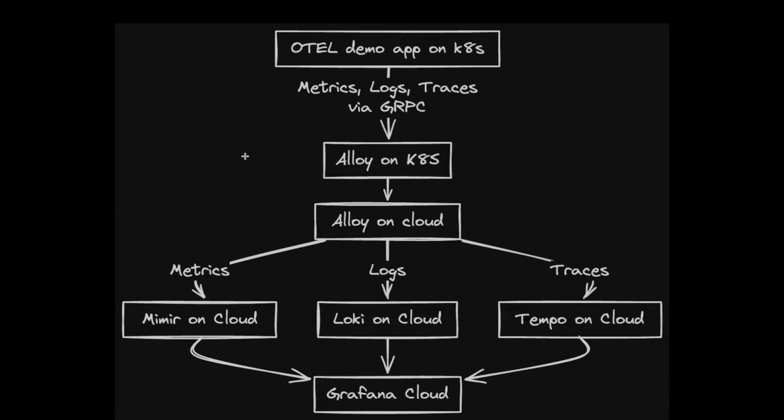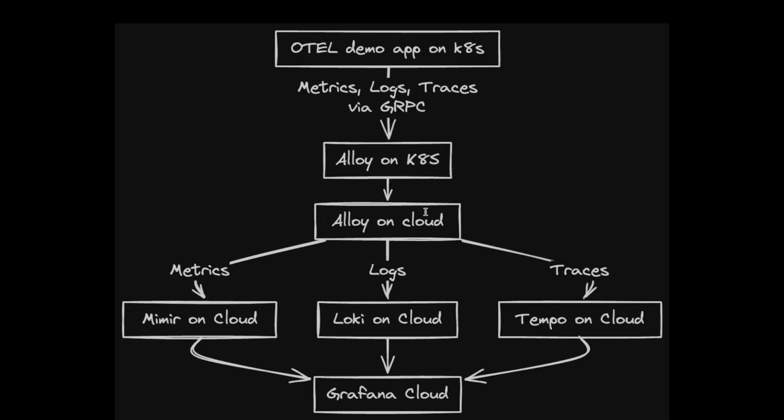We'll be deploying this famous Otel demo application using a Helm chart on our Kubernetes cluster, and we'll change a bit of configuration on it so that all the metrics, logs and traces would be sent to Alloy, which is also on the Kubernetes cluster. Now on the local Alloy, we would be setting up some configuration so that all of this data actually gets sent to Alloy, which is on Grafana Cloud.